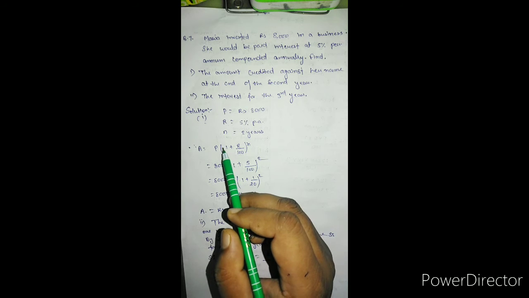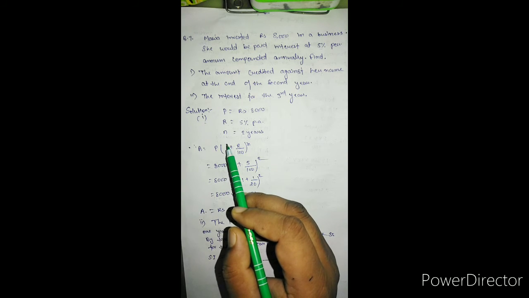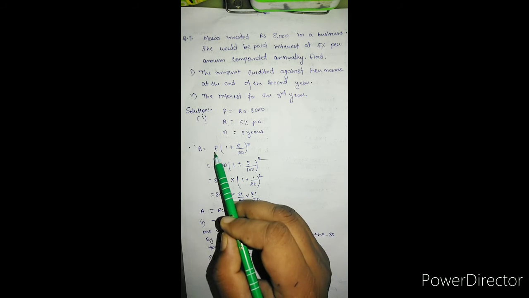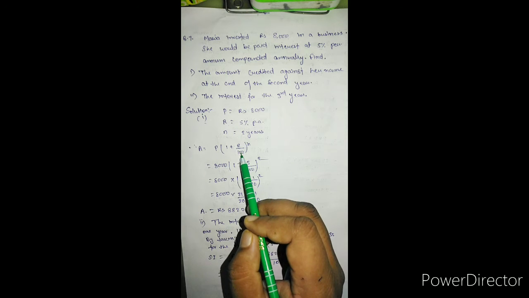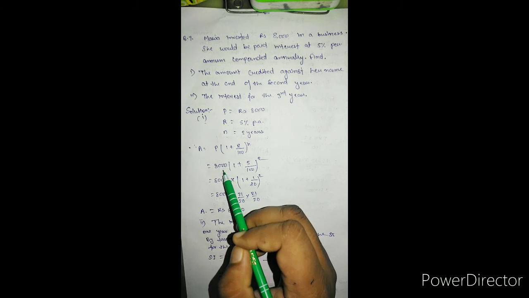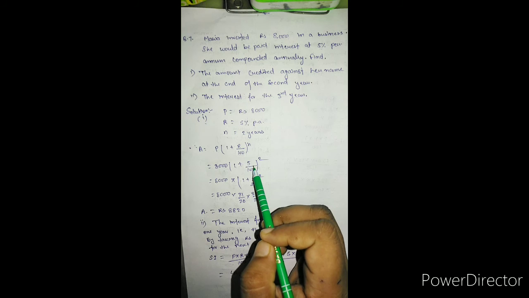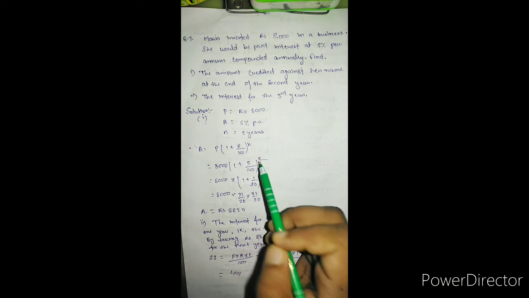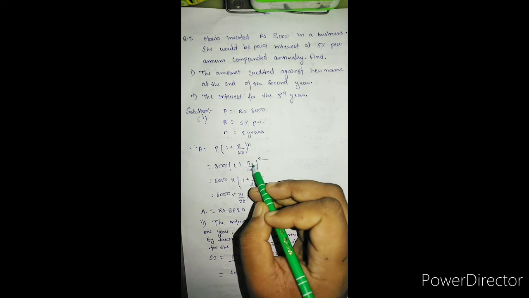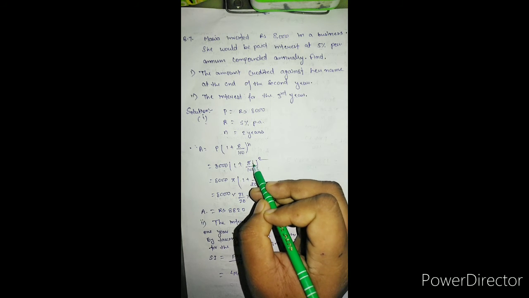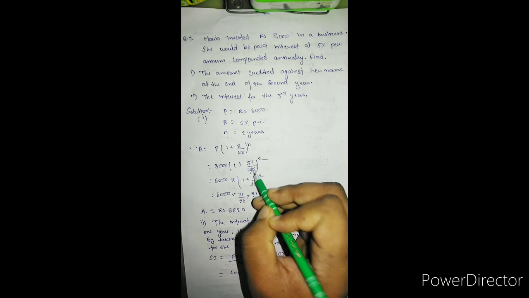So we will apply the formula of compounded annually. A is equal to P into (1 plus R by 100) to the power n, where P is equal to 8,000, 1 plus R is given 5 by 100, to the square. Now cancel it, 5 ones are 5, 5 twos are 10, 20.